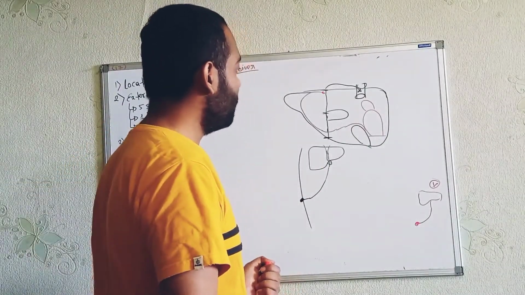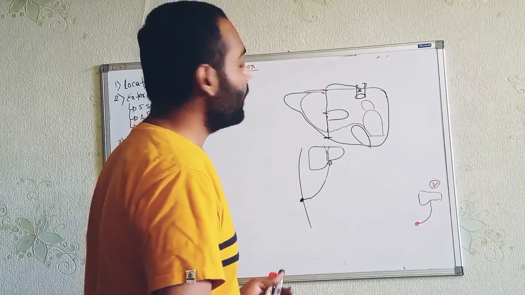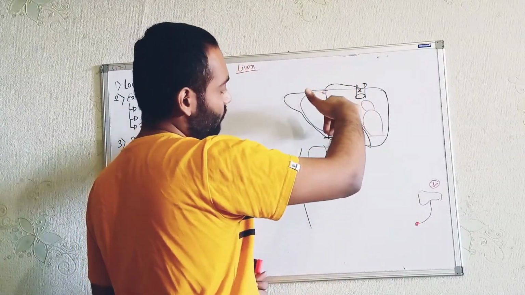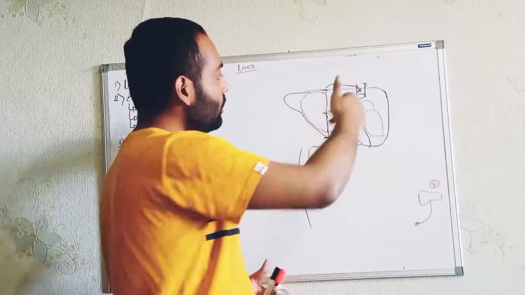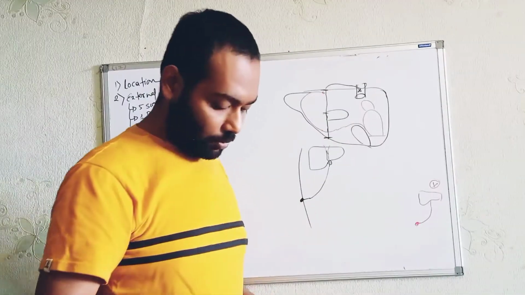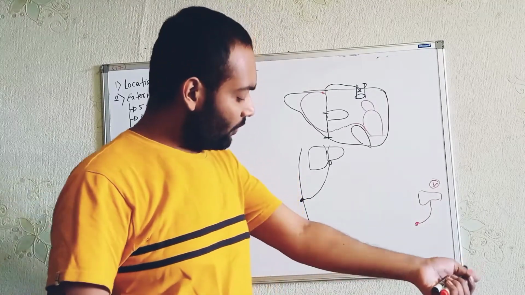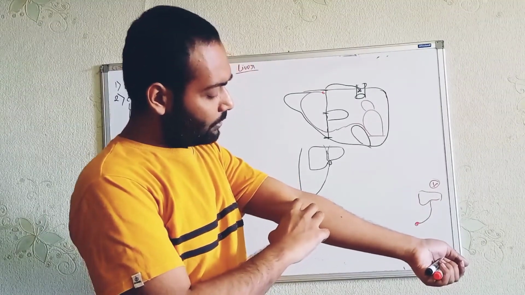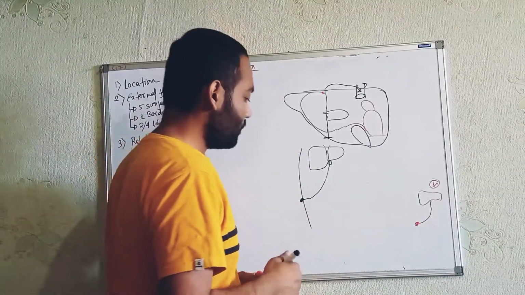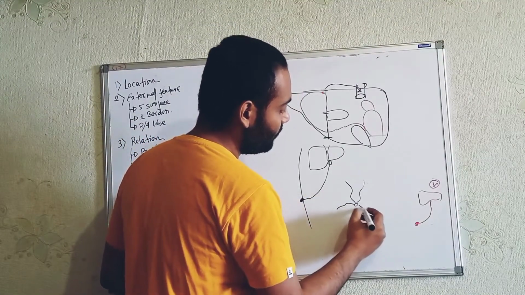If for any reason there is a buildup of pressure, this channel will start opening. Portal hypertension. This channel will start opening and comes to the umbilicus. So around the umbilicus, you will get this venous impression. What do you mean by venous impression? If you see here, something like a bluish color, venous impression. So in the anterior view, these kinds of veins you can sometimes see.